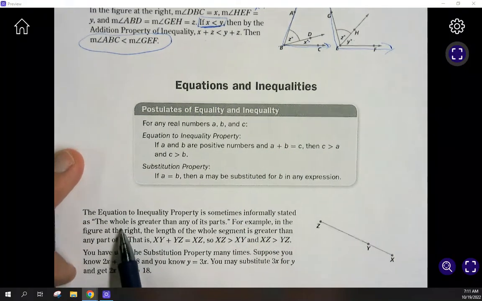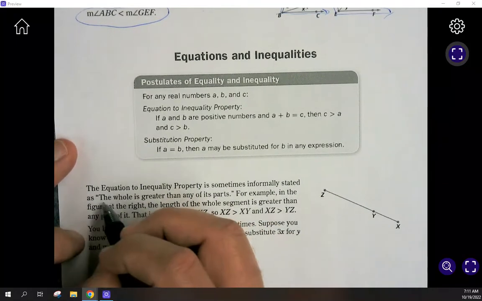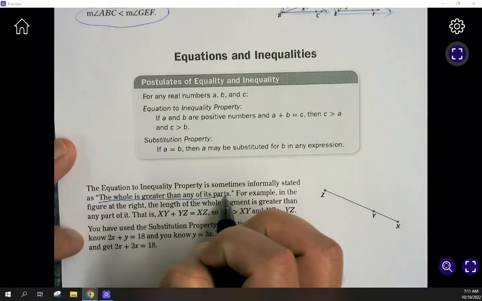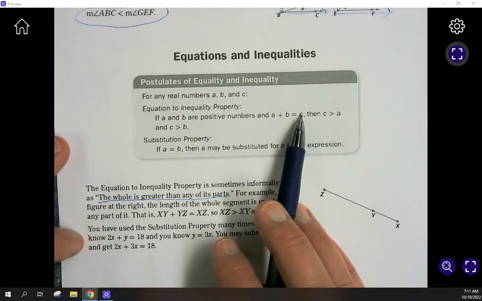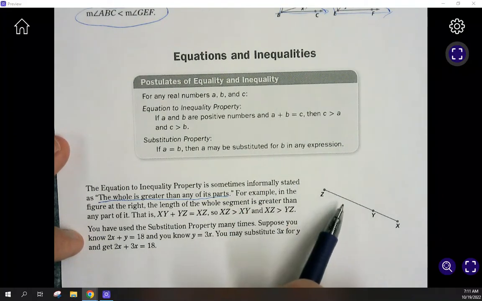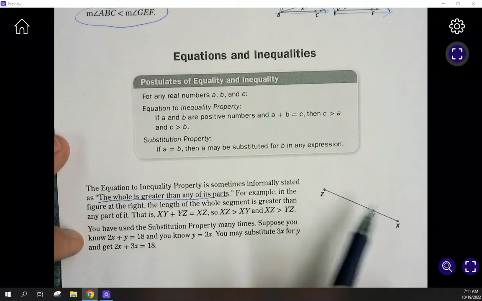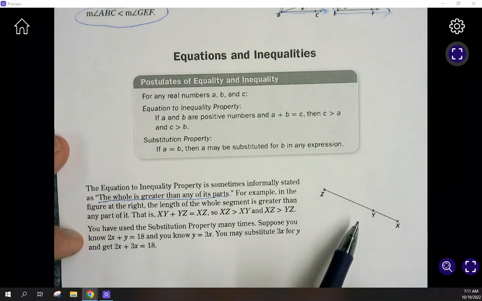If you look down here, this equation to inequality property sometimes is stated as the whole is greater than any of its parts. Again, seems pretty obvious. The whole thing is bigger than the two parts that were put together to create it. Now, for geometry, for example, in the figure at the right, we know that the length of ZX is bigger than the length of ZY, and it's also bigger than the length of YX.